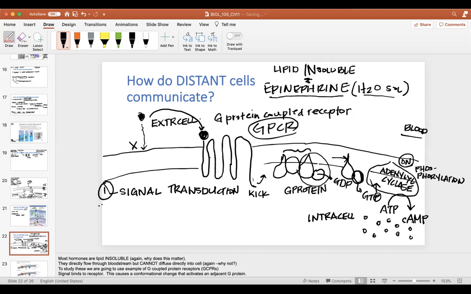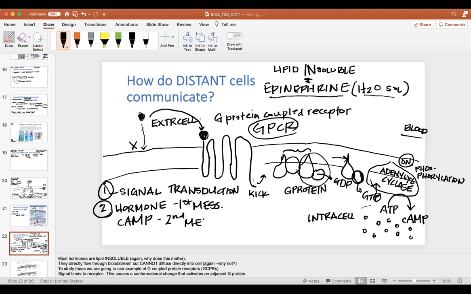The second thing that you need to know about this is that the hormone acts as what we call the first messenger. And cyclic AMP acts as a second messenger. Now, what do I mean by that?